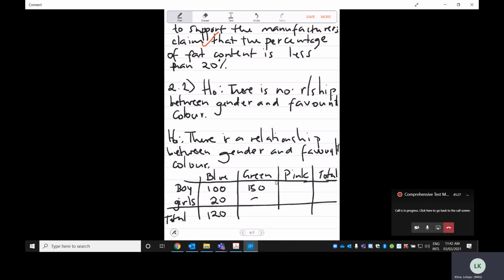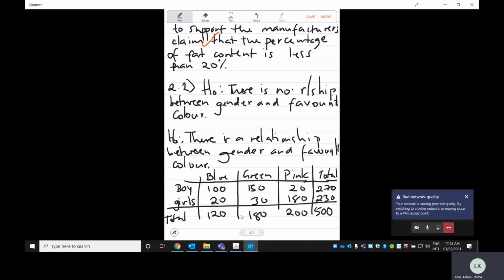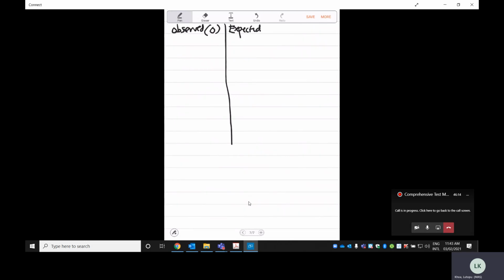Now the way we work out the expected is, if for example I want to work out the expected value of 100, I just multiply the row total with the column total. So I'll say 120 times 270 and then divide by 500, which gives us 64.8.